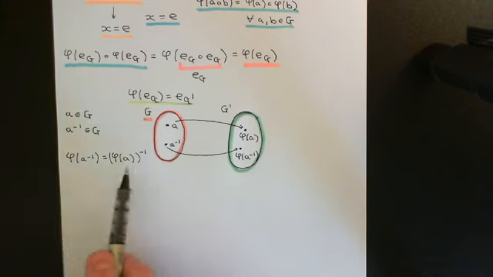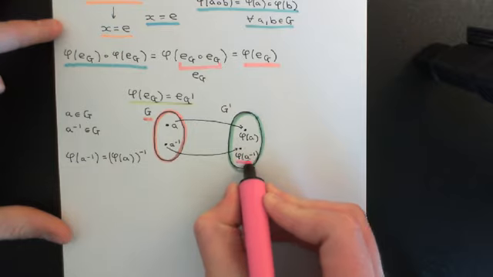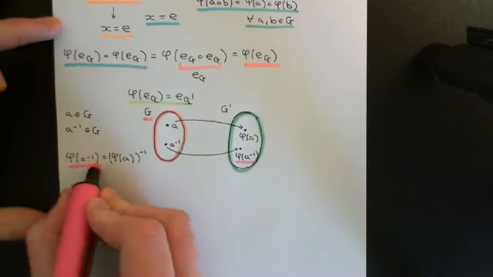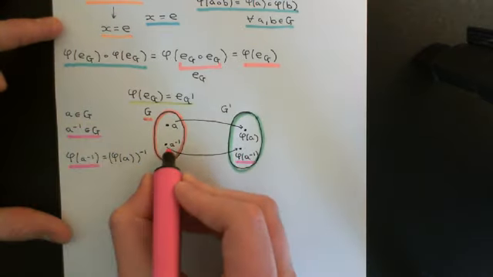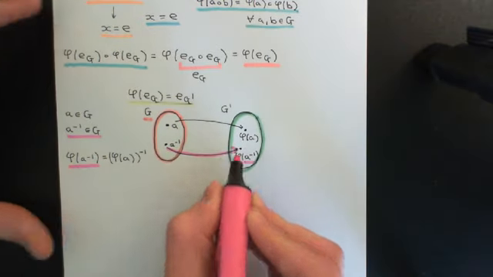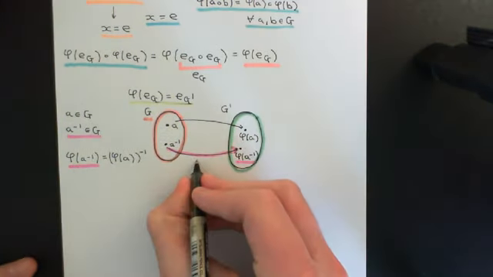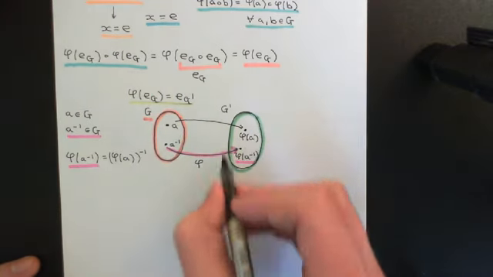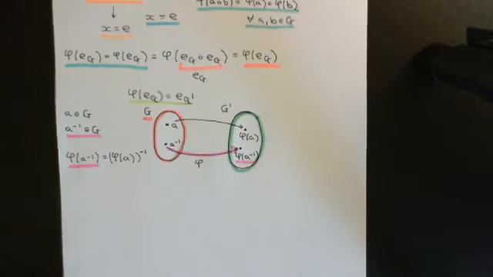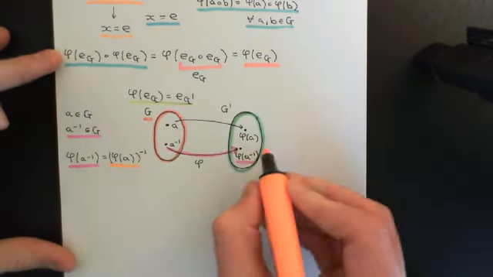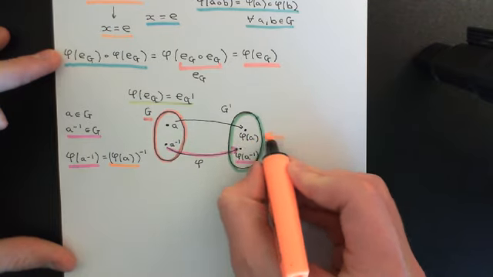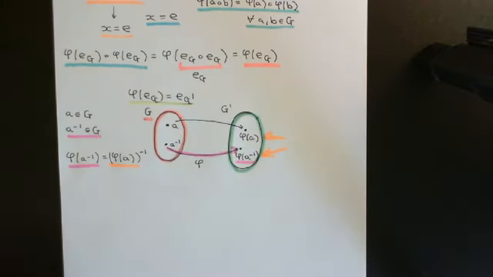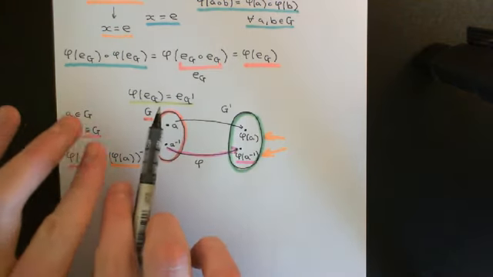So what does this theorem actually say? It says that phi of A inverse, what A inverse is mapped onto by our homomorphism phi, is going to be equal to the inverse of phi of A in G prime. So what this equation is saying is that phi of A and phi of A inverse are each other's inverse in the codomain group as well as in the domain group.